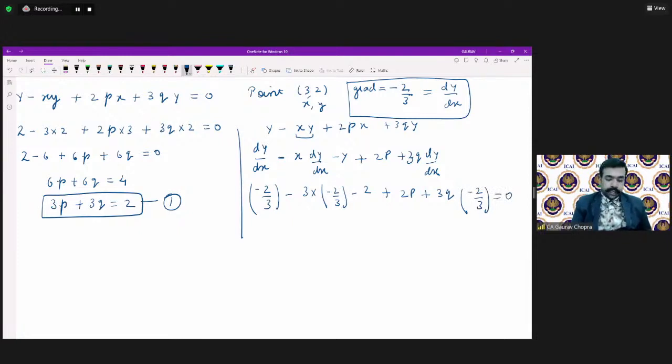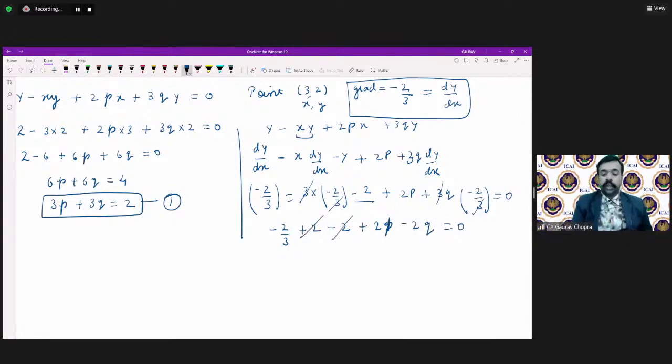So some things are getting cancelled, like this 3 and 3 got cancelled, this 3 and 3 again got cancelled. So what is left with us? Let us check. Minus 2 by 3, then this minus is plus 2, this one is minus 2, then plus 2p, then minus 2q is equal to 0.